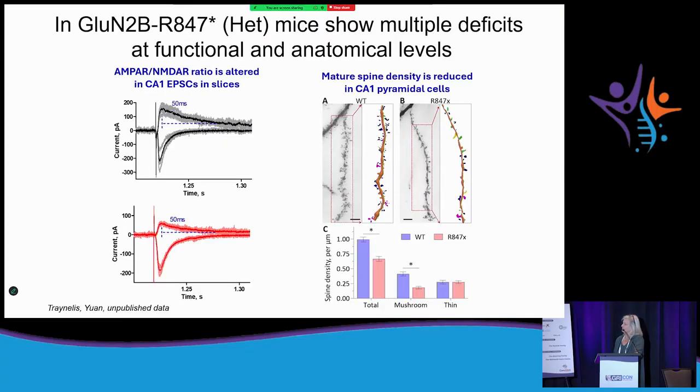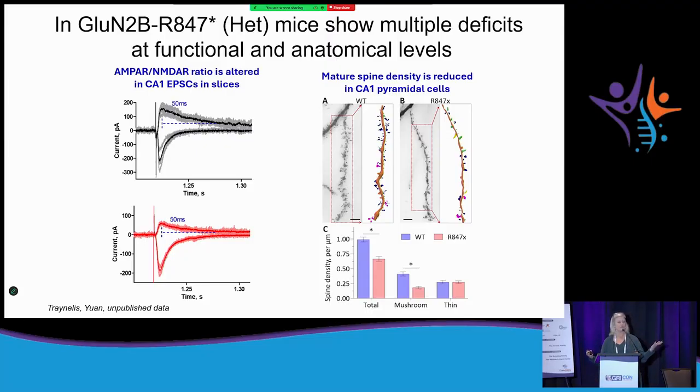Now, Steve and Hongji have done work at Emory on these mice, and they find that there's functional consequences. AMPA-NMDA ratio is altered. They've looked at spine density in CA1 pyramidal neurons, and they see a reduction in the spines, in particular mushroom, which is interesting.